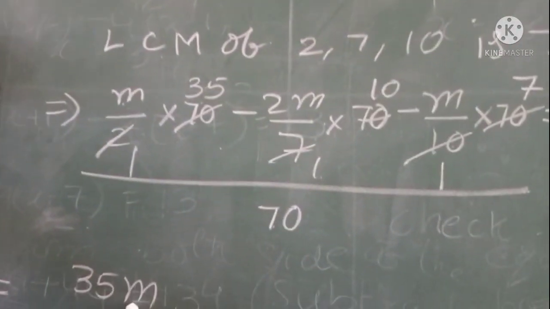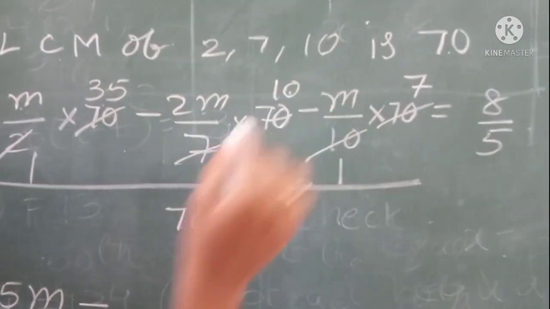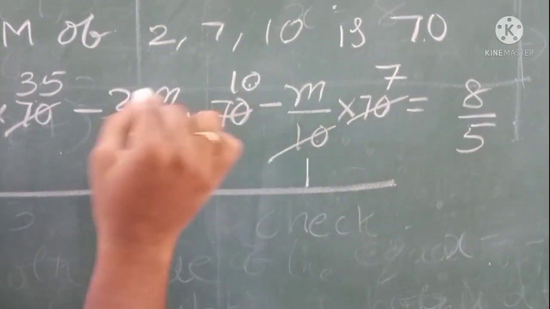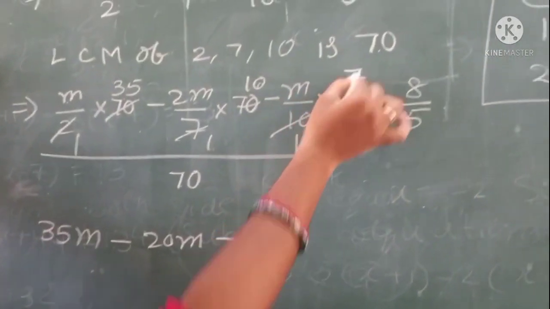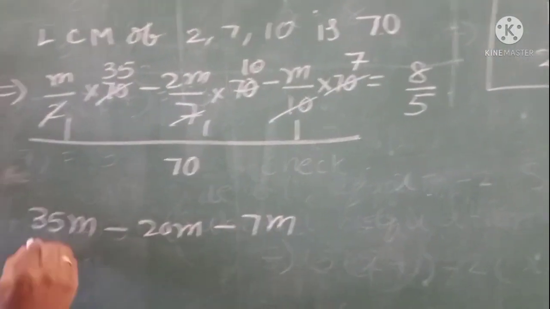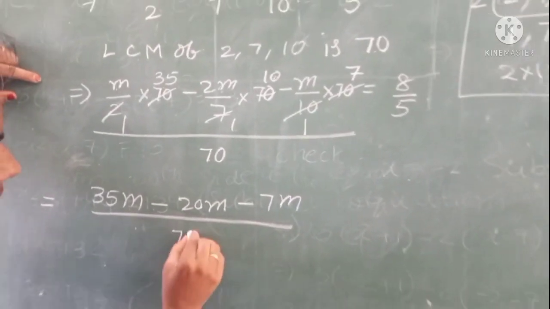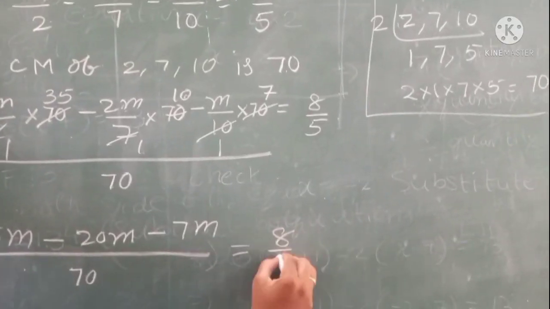So 35 into m, 35m, minus 2m into 10, 2 tens are 20m, minus m into 7, 7m, equals 8/5 into 70.